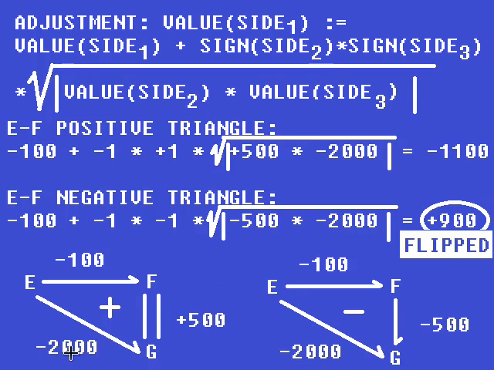And you are multiplying their signs. So that gives us -100 plus -1 from the 2,000 plus 1 here, like -1 times +1 from the +500 times essentially 1,000.